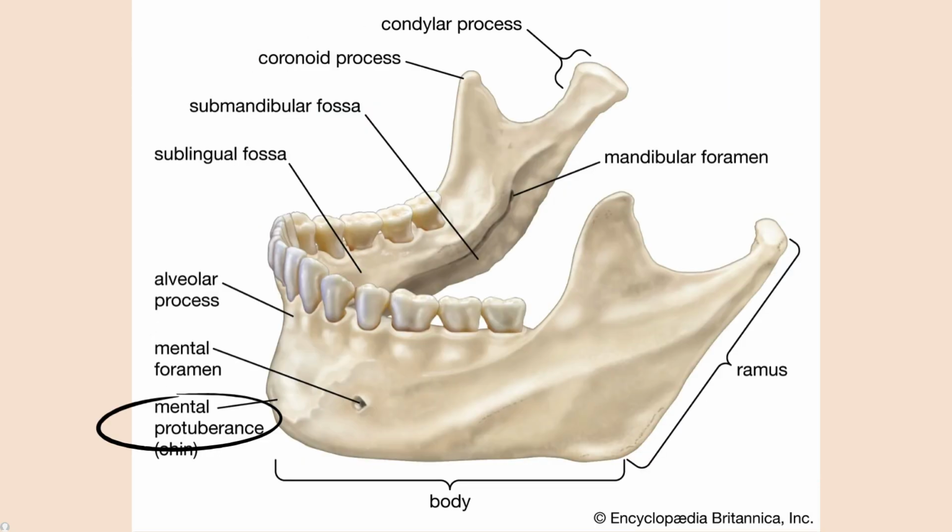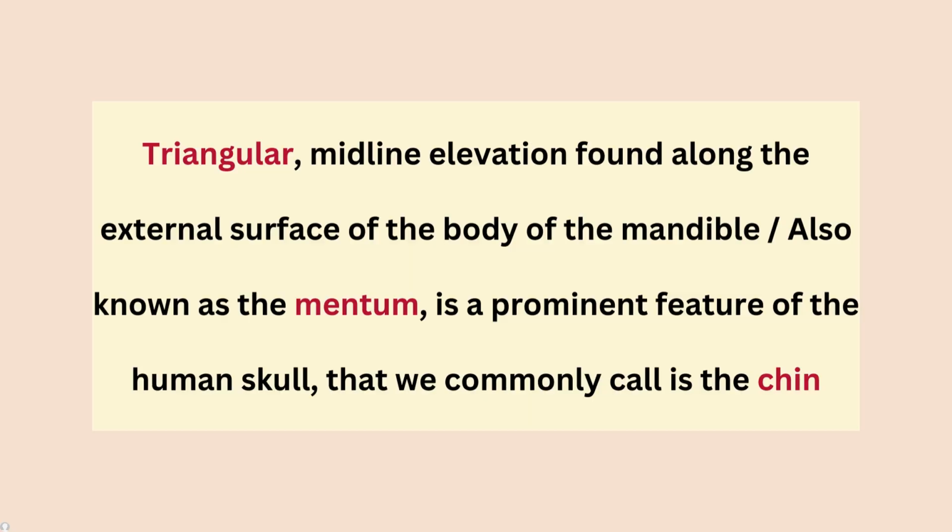Next is the mental protuberance. The shape of the mental protuberance is triangular. It is located in the midline, found along the external surface of the body of the mandible, not like the sublingual fossa or the submandibular fossa that are located on the internal surface of the mandible. And you can remember their names by the exact name.